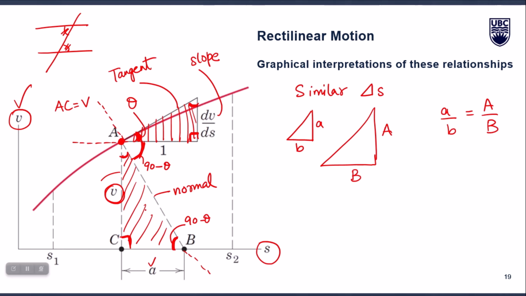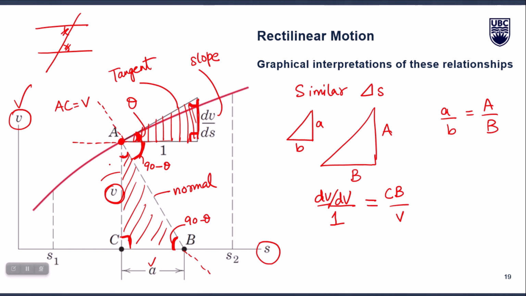So we can write that dV by ds will be this height divided by this length, which is 1, should be equal to CB over this V, right? So CB is this length and this is that length, right?